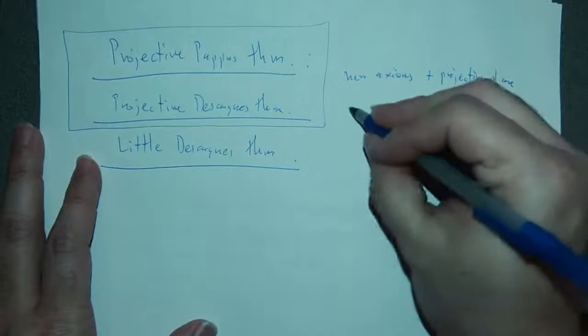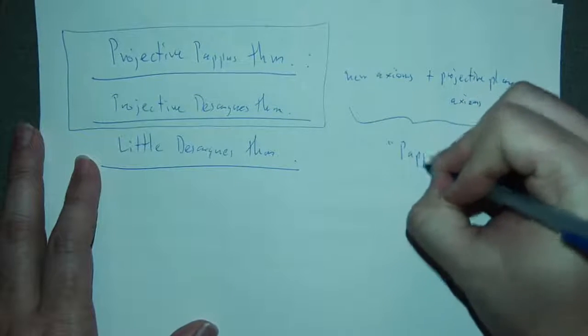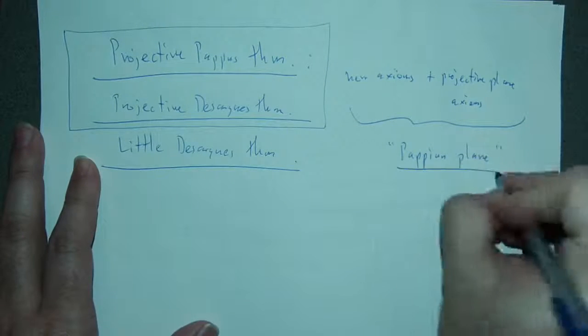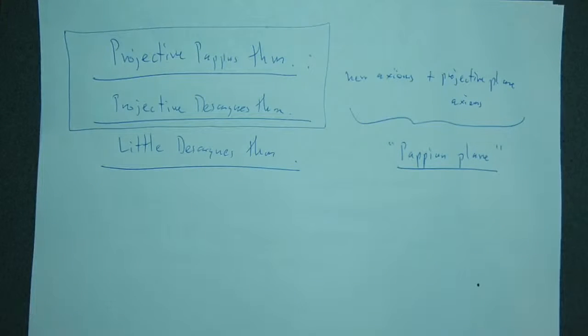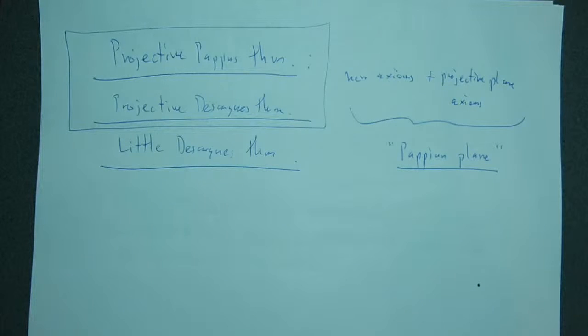So this gives us a type of projective plane called a Pappian plane. A Pappian plane is a projective plane such that Pappus's theorem holds. It turns out that if that's the case, then Desargues theorem also holds. So a Pappian plane is one that satisfies the projective plane axioms together with the projective Pappus and Desargues theorems.